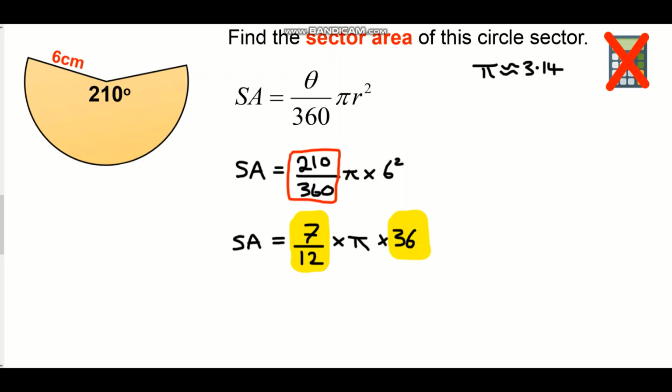I'm going to forget about pi just now because that's the decimal number that is a little bit more tricky to deal with. So my sector area is 7/12 of 36. Well, 1/12 of 36 is 3. 7/12 is going to be 3 times 7. That's 21. Pi, in this case, we're going to be taking it as 3.14. So I'm doing 21 times 3.14.